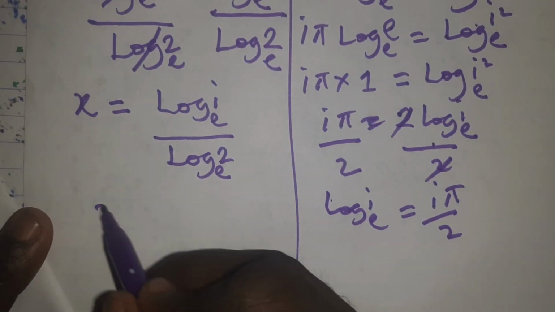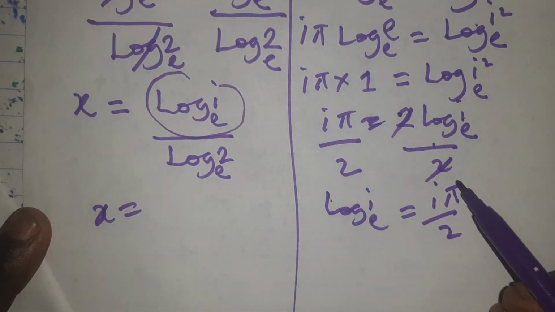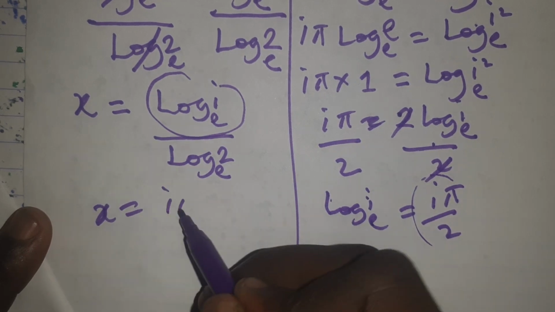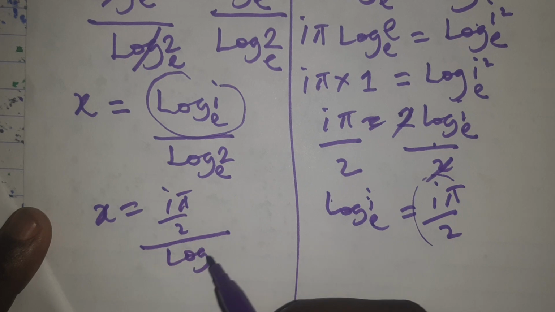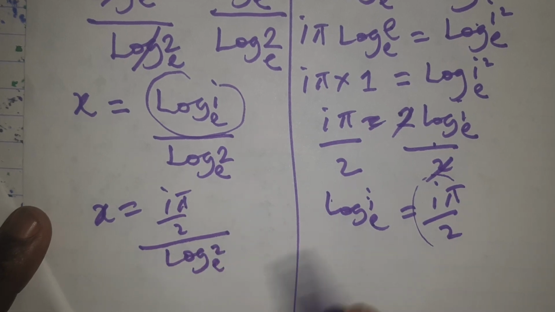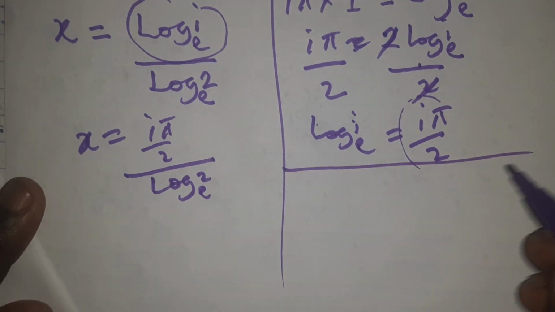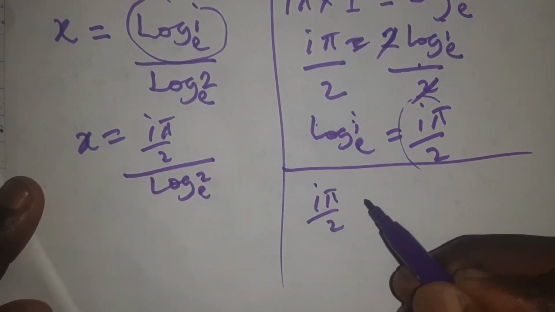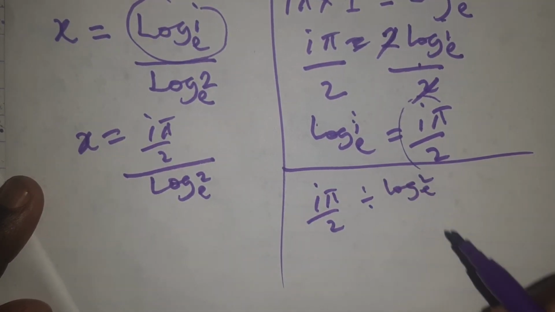So I'll replace log i to the base e with this value. So I now have x equals i pi over 2 over log 2 to the base e. So this divided by this, let's see what you get when you divide. I have i pi over 2 divided by log 2 to the base e.